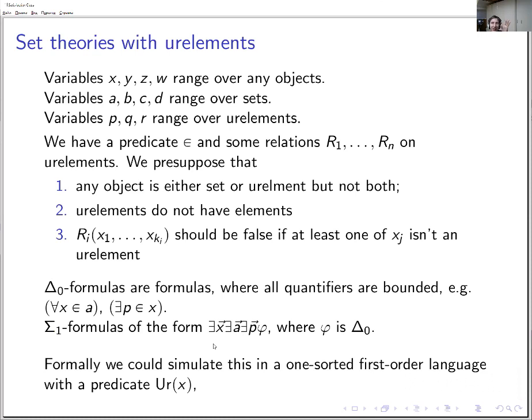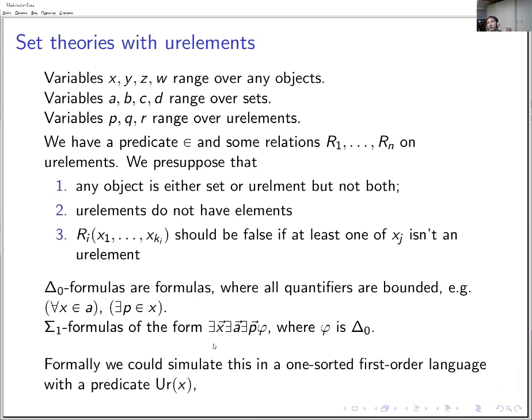Then we have variables that range over sets, and variables that range over urelements. And we assume that our signature contains, in addition to the membership predicate, some predicates that are applicable just to urelements.